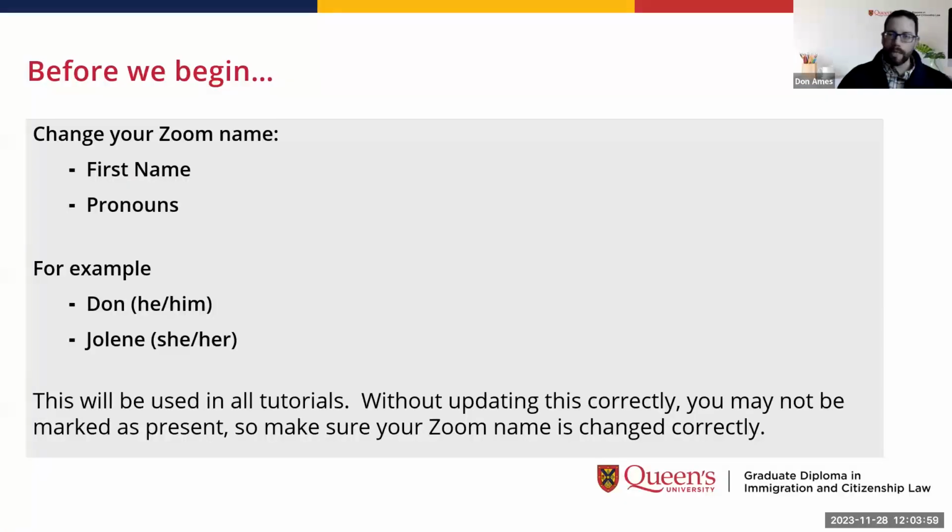Before we really kick off into the presentation, we like to treat this session like it is one of the webinars or tutorials that you're going to be going through in the program. So we ask you to change your Zoom name in accordance with what you should be doing within your tutorials. It's the one way that you get marked as attending those tutorials. So go ahead and change your Zoom name to your first name as well as your pronouns.